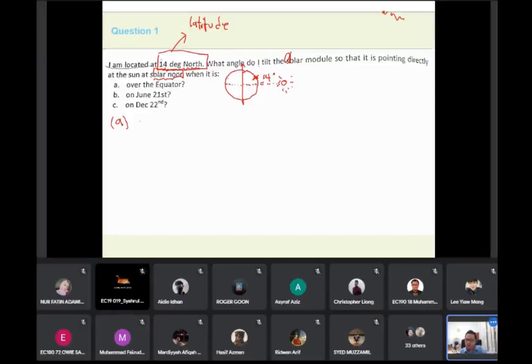So we are going to find the solar altitude. How to calculate the first one? Where should we start? We have to find the solar altitude. So what is the equation?